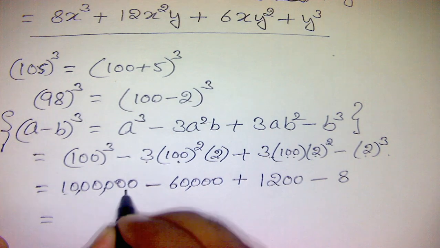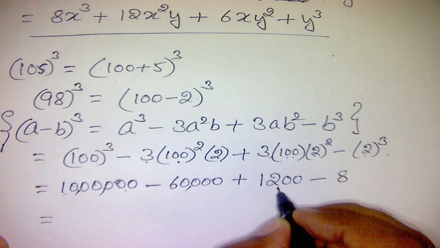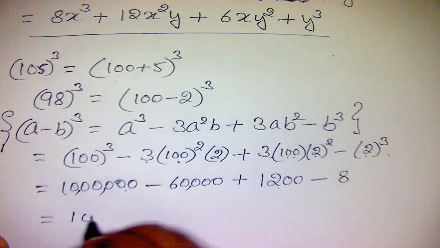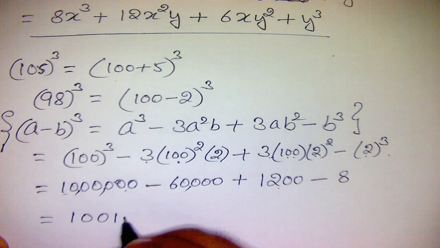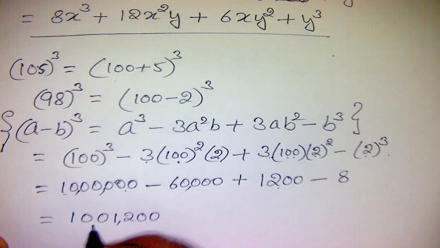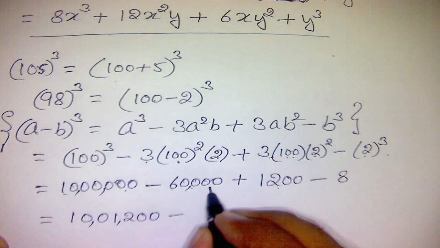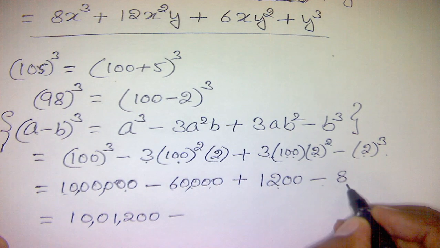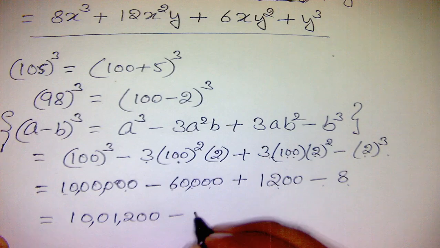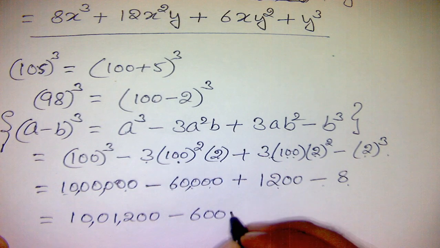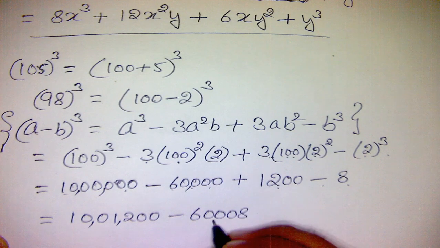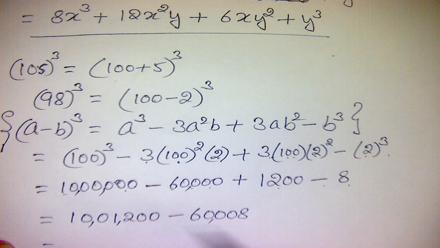So 10 lakh plus 1200. If you are adding them, you get 10 lakh 1200, minus 60,000 and minus 8. This will give you minus 60,008.